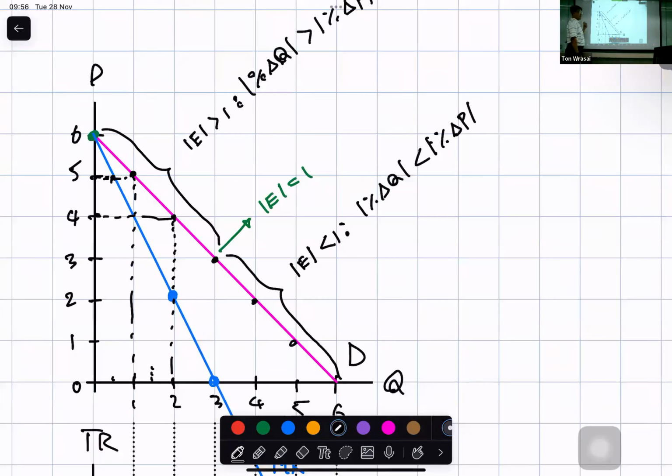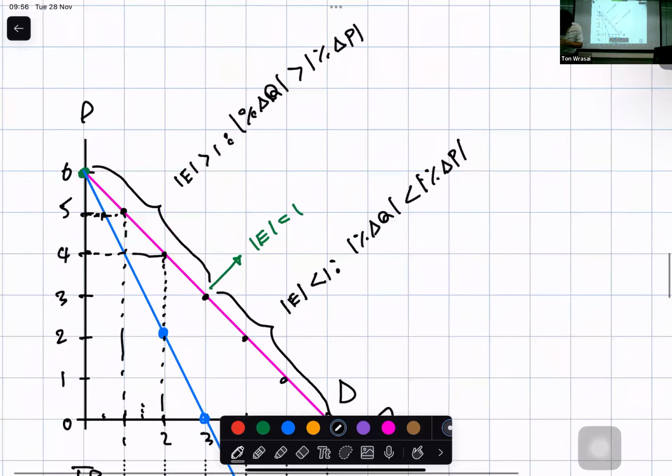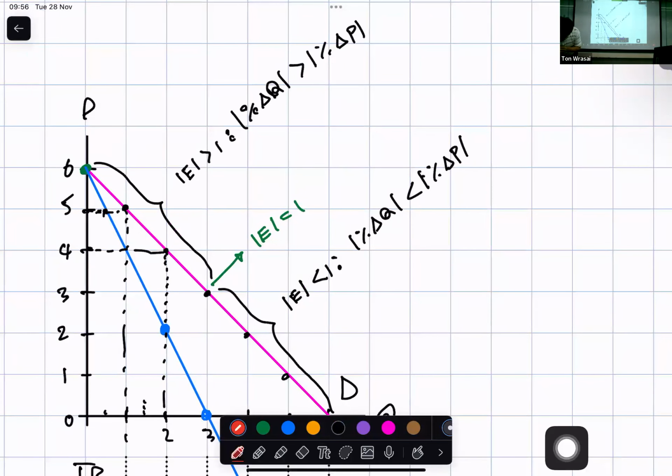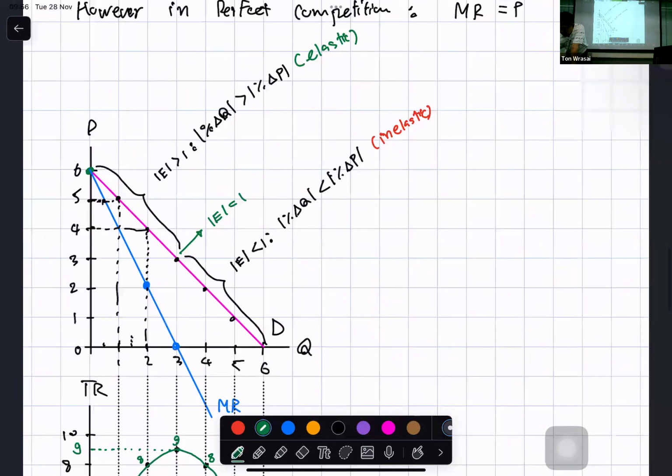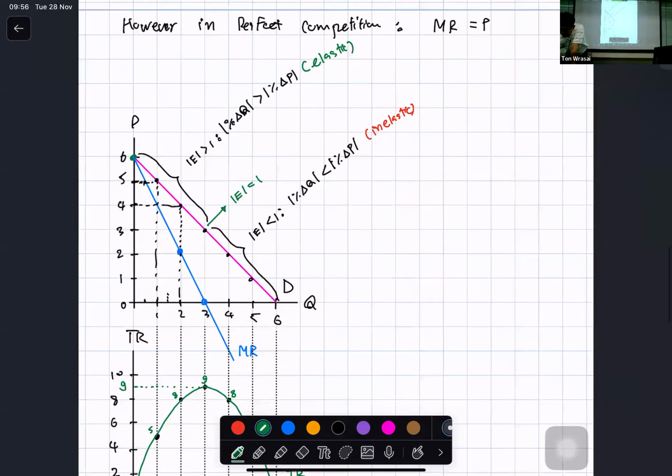Let's say a 10% change in P causes less than a 10% change in Q. That's the lower range, and we name it inelastic here. And on the upper range, we use the term elastic. The whole picture would look like this. Wow.